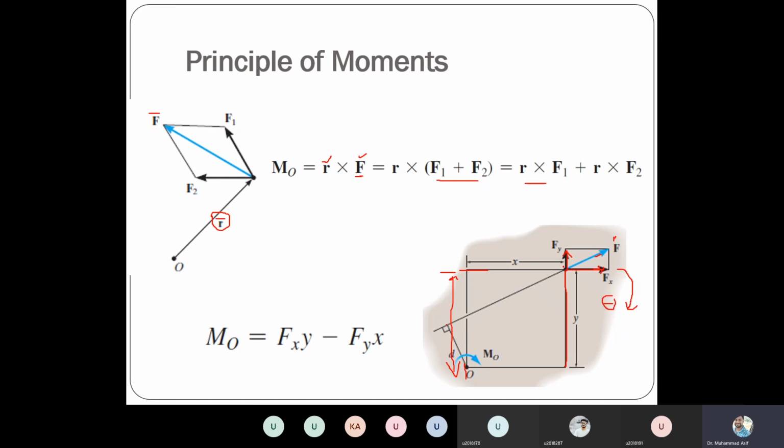Whereas for the force Fy, the arm is x, and the moment direction is counterclockwise, so we'll take that as a positive value. So this will be the moment of force F about O. We have separated F into Fx and Fy, and each moment related to each component is calculated, and that will give you the moment of that force F.